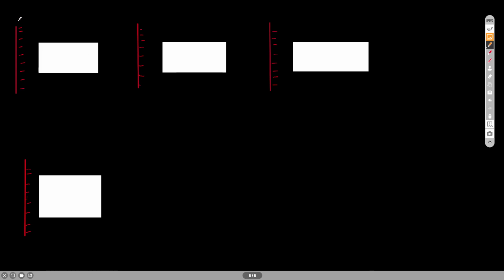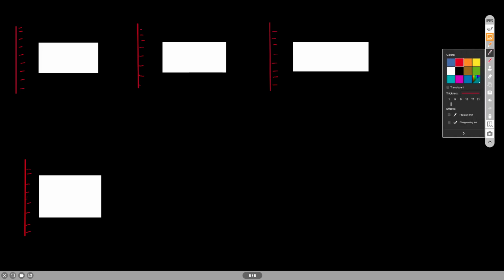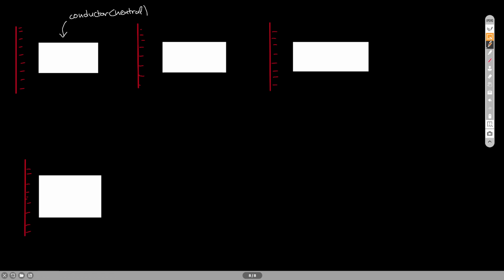Now, as I said, this is a rod and it has a negative charge on it. Now, this is my conducting object. So this is my conductor and it is neutral. And I have done this because I'm going to show you what happens in a dynamic way.